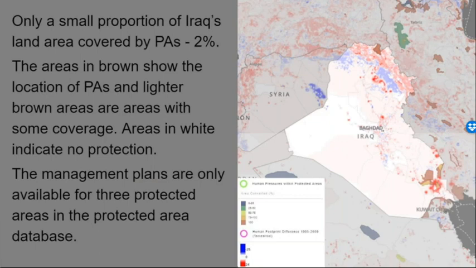We just mentioned that the formal protected area coverage is 2%. If we look again at the top, the brownish segment is the Barzan Nature Reserve again. You can see surrounding it some of that red area, and that shows some of the human footprint.